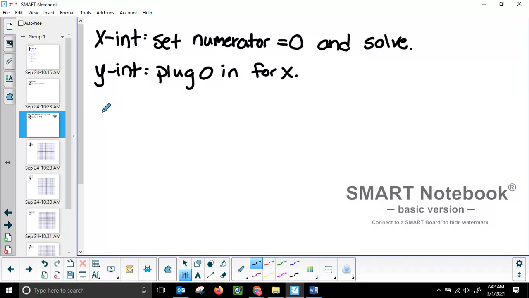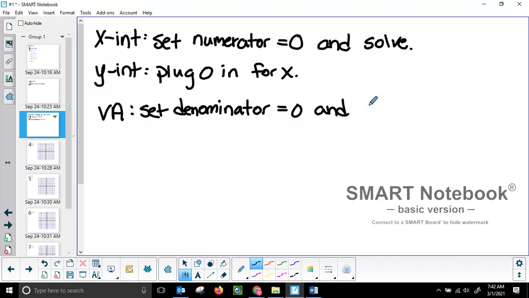Right, we will also need vertical asymptotes, which we talked about last unit. Right, to find your vertical asymptotes, you set the denominator equal to 0 and solve. Right, horizontal asymptotes, which we also talked about last unit.